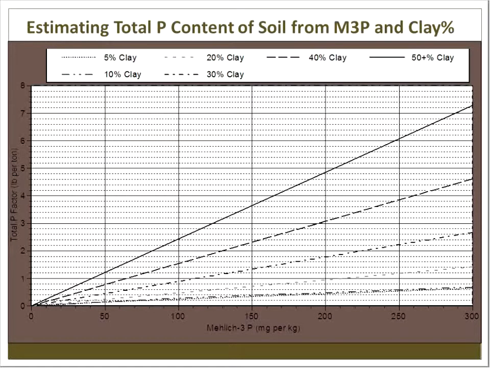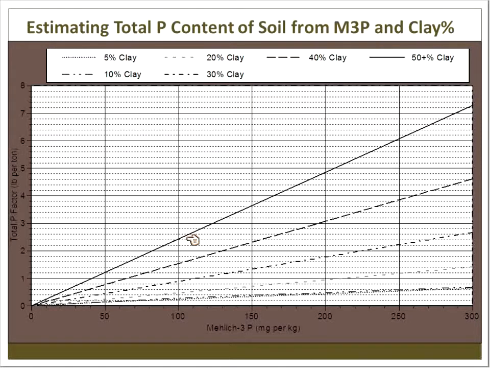And so what this tells us is that at a Mehlich 3P of 100, if you have a clay soil, you're going to lose 2.5 pounds of phosphorus for every ton of soil that you lose.